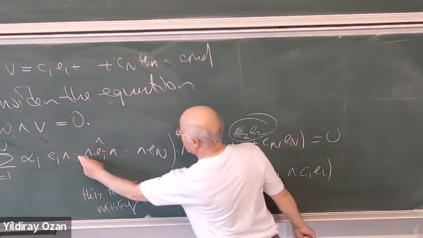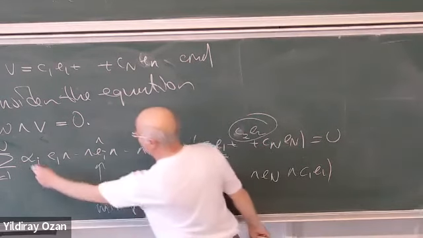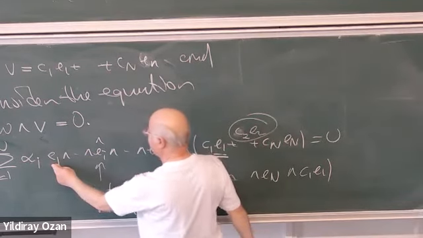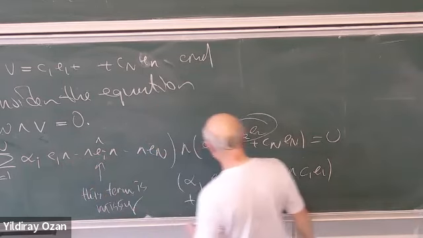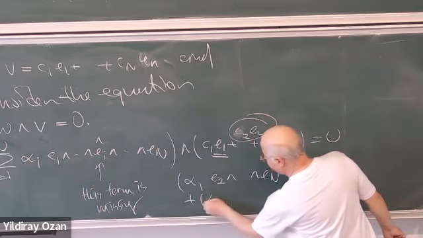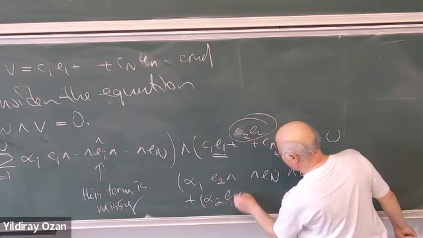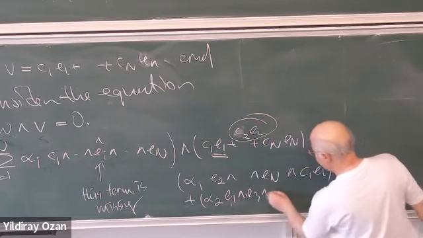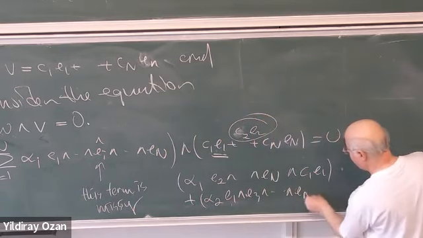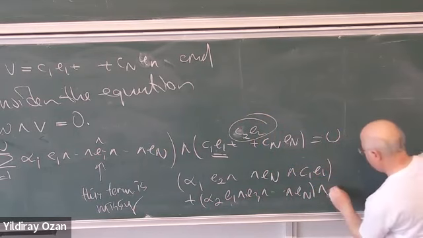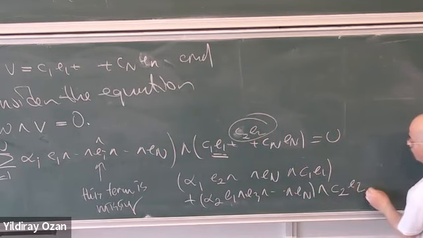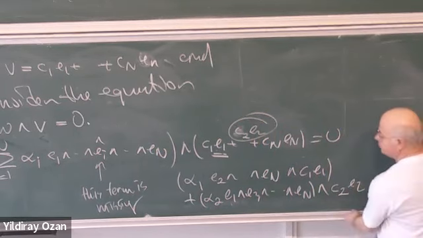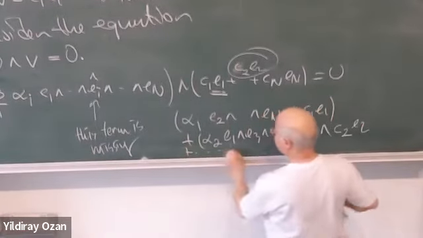And the term where E2 is missing is alpha 2 times E1, wedge E3, and so on. So I will have this alpha 2 times E1, wedge alpha 3, wedge En, wedge C2 E2. And then I'll have plus and so on.